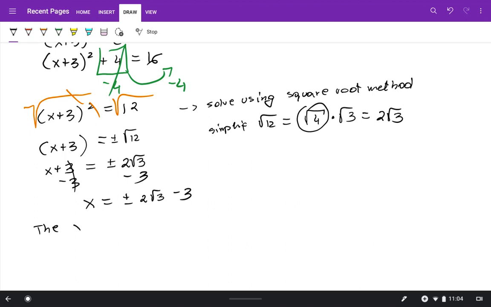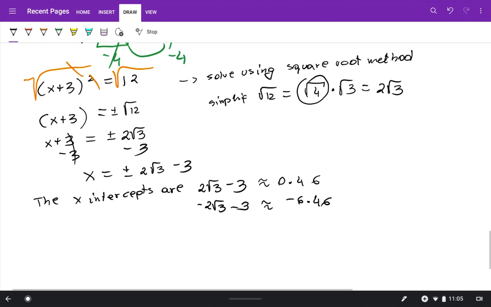So the x-intercepts are 2 radical 3 minus 3, which is about, because you will need to graph it, 0.46. And the second x-intercept will be negative 2 radical 3 minus 3. And this is about, since this is irrational, so just round it, about negative 6.46.